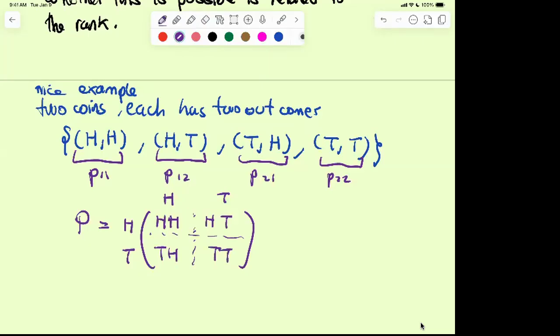And so these numbers, each of these numbers just represents the probability that the corresponding outcome would occur, right?